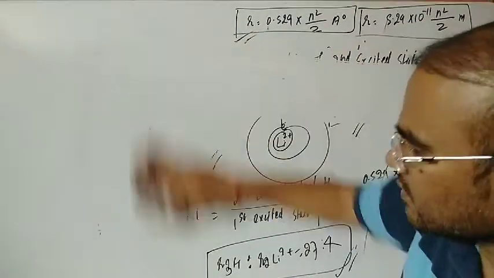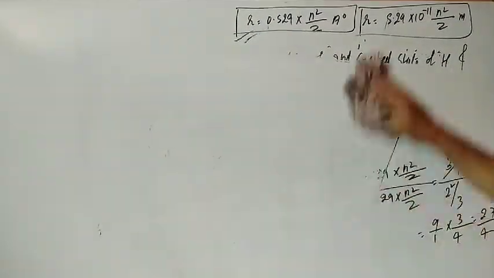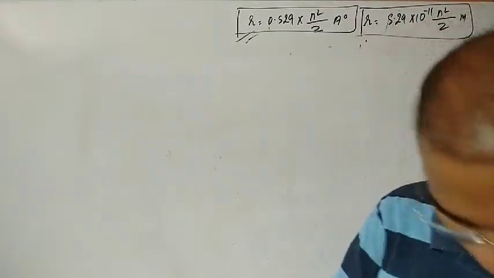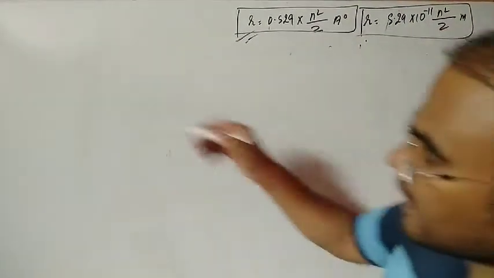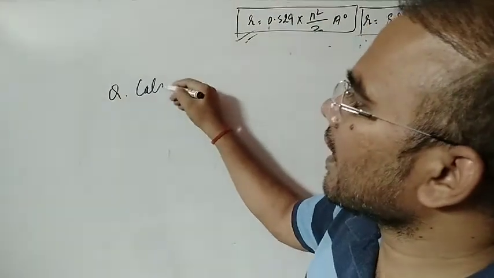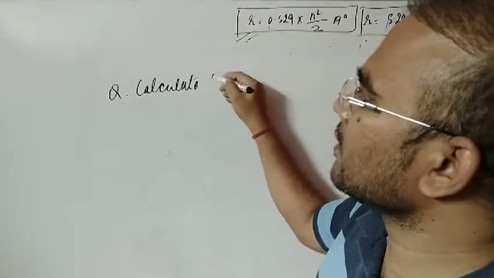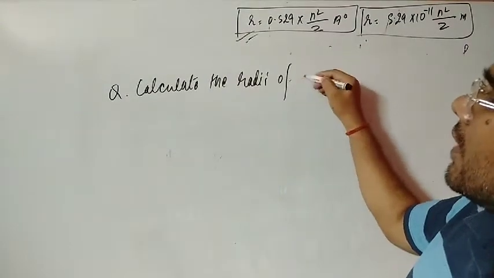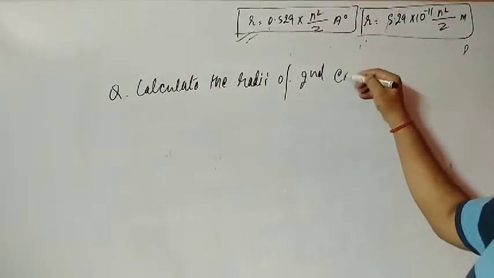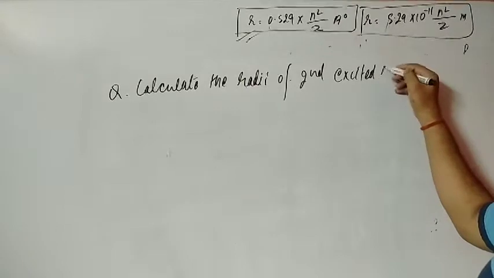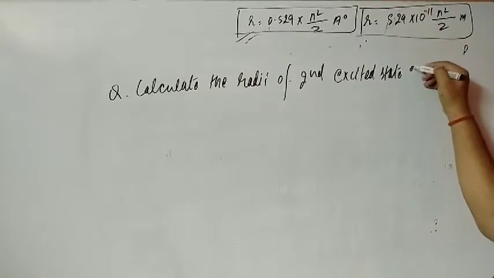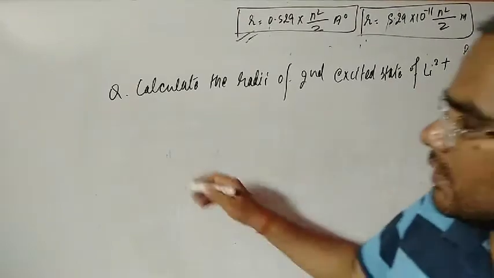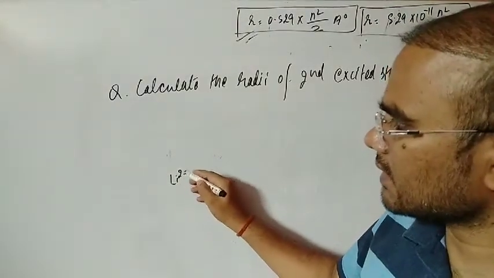Let us do one more problem on the excited state, in case there is a little confusion. The question is: calculate the radii of the second excited state of lithium 2 plus. Dear students, here lithium 2 plus is there.